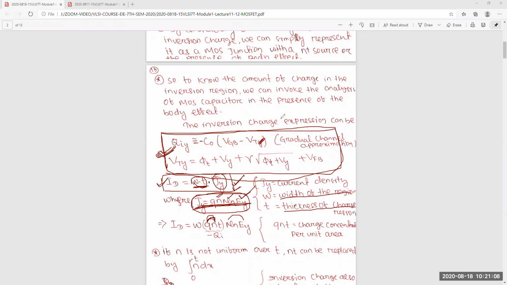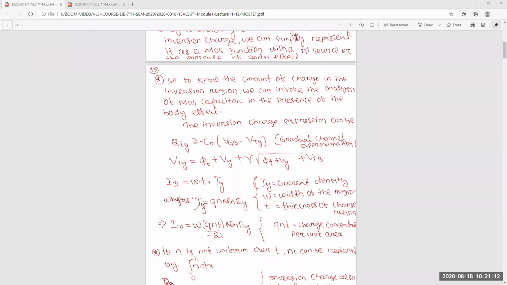So Jy is this transport equation, due to electrons and drift only. Are you remembering this from your device class? One diffusion current is there, one drift current is there. This is the drift current equation.